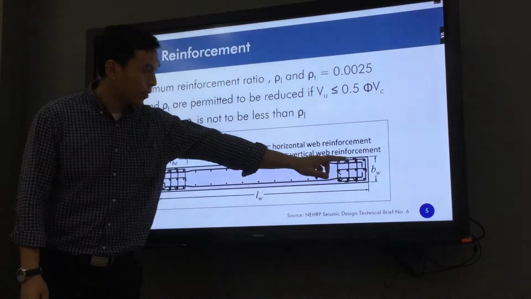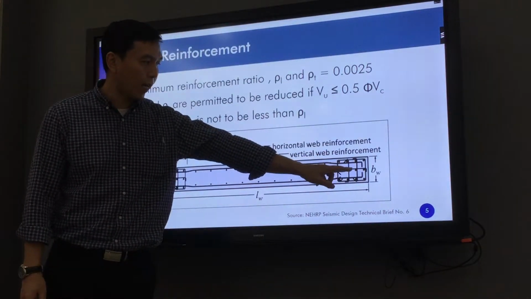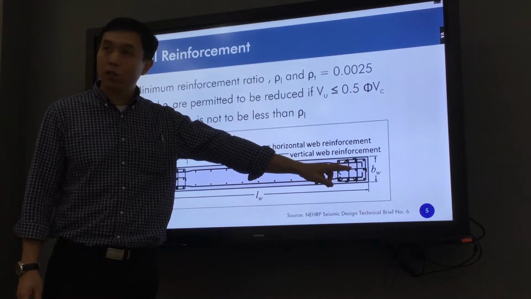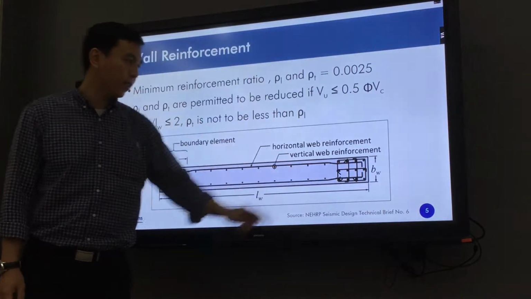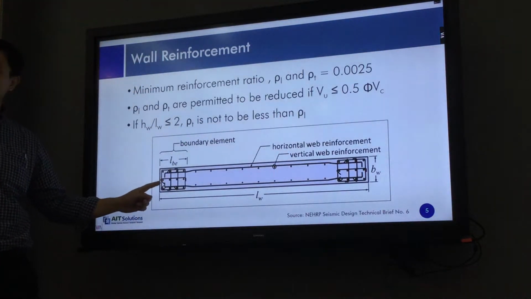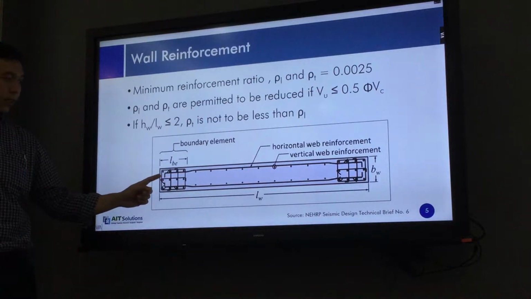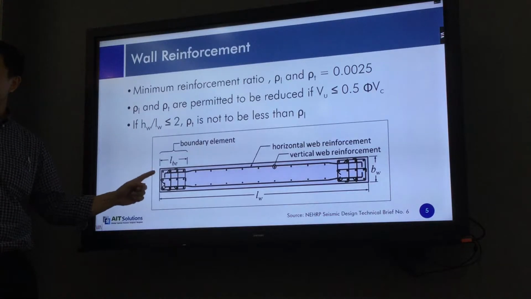The compressive strain on this side should not reach 0.003 before this side reaches the tensile strain in steel, 0.002.